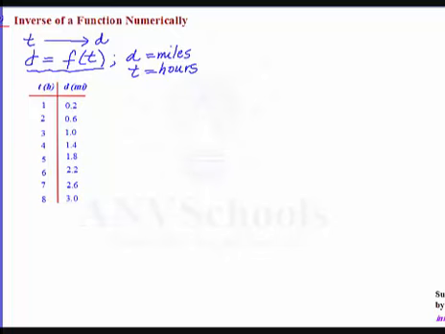So at t equals 1, the crew has already painted the center stripe within a distance of 0.2 miles. At t equals 2 hours, 0.6; 3 hours, 1 mile; 4 hours, 1.4; 5 hours, 1.8; 6 hours, 2.2; 7 hours, 2.6; and lastly, after 8 hours, we have 3 miles.